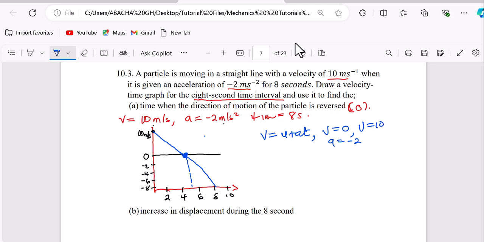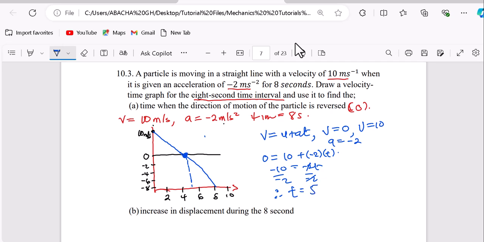If we substitute these into this, we have 0 equals 10 plus -2 times t, and so we have -10 equals -2t. Therefore t equals 5.